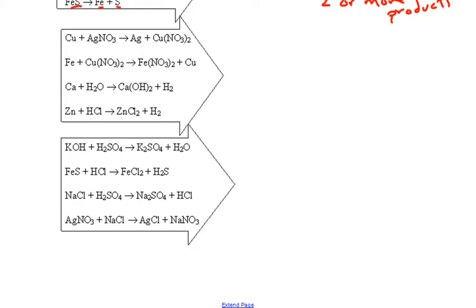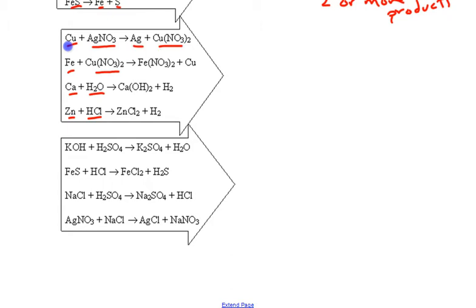All right, the fourth kind of reaction we see here, what we notice is that in each one of these equations we have an element and a compound on the reactant side. Element, compound. On the product side, we also have an element and a compound. But what we see now is that the element is not the same element that we started with.